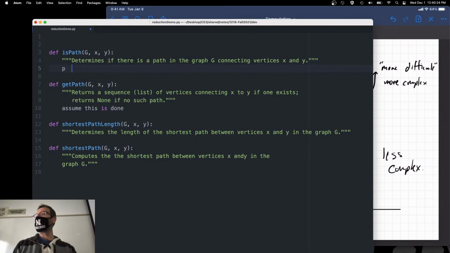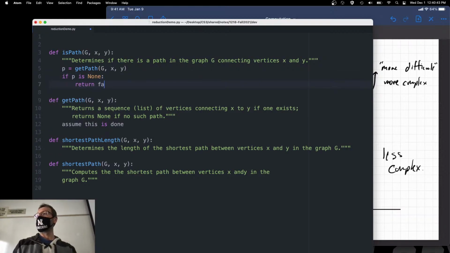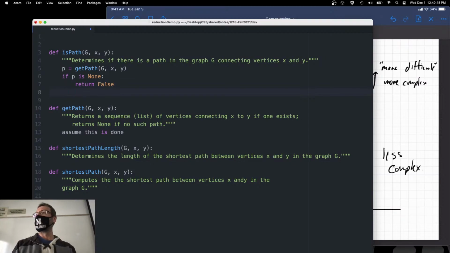All right, so p is equal to get path of G, X, and Y. Now, I've gotten a path from this other problem over here. How can I use the solution to that problem to solve this problem over here? All right, return false. It is actually Python here now.